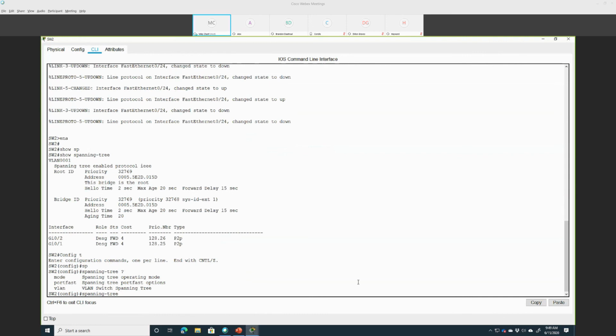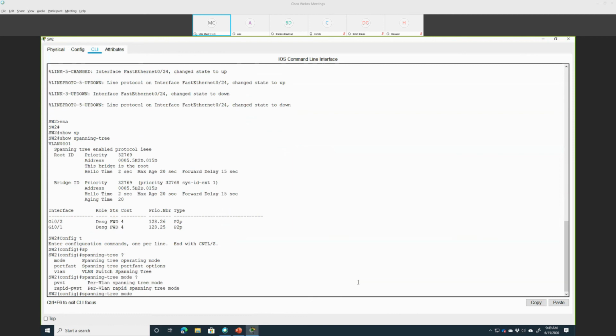One of them is mode, and I put question mark. It's supposed to have 2 other modes. So I can put it on PVST. What's PVST? You remember that? Per-VLAN Fast. Per-VLAN. So basically we say per-VLAN. Did we talk about that? No, sir.